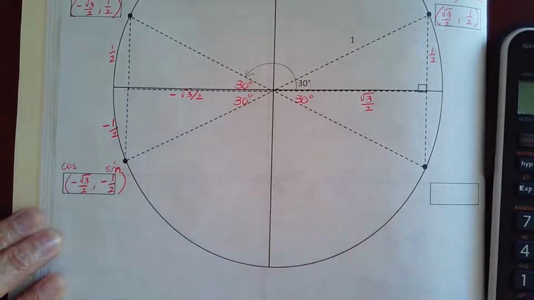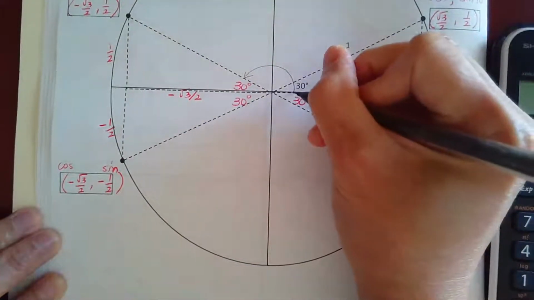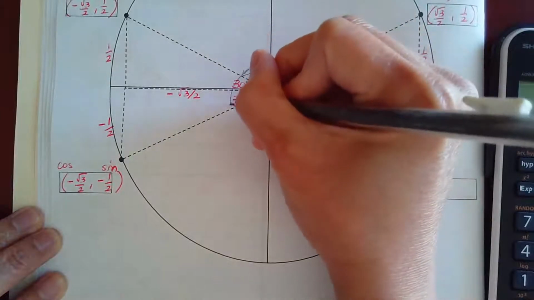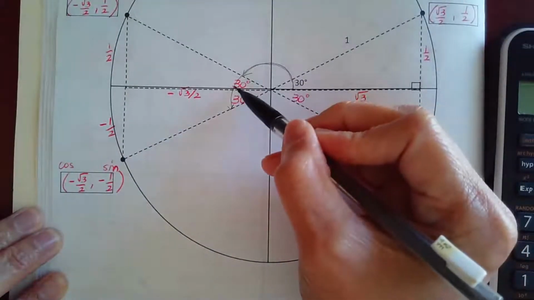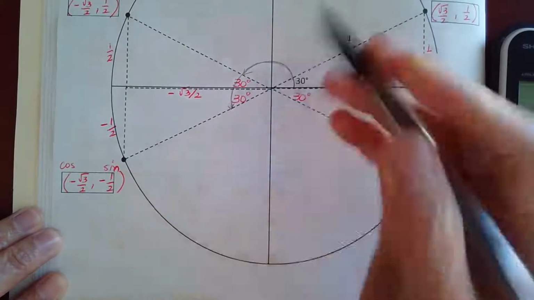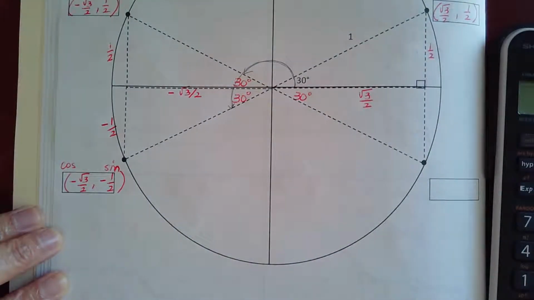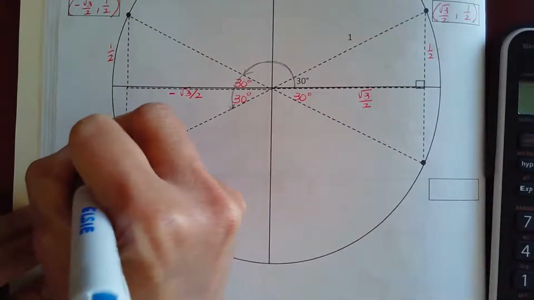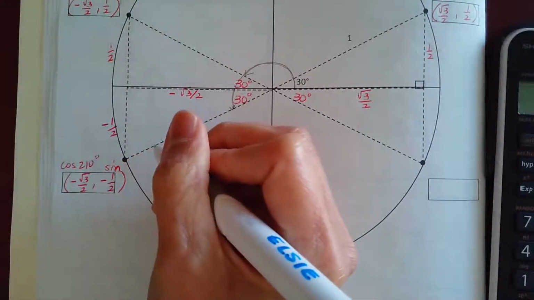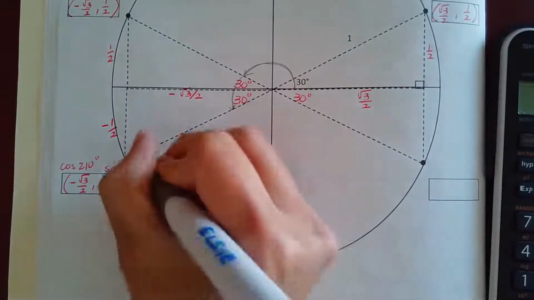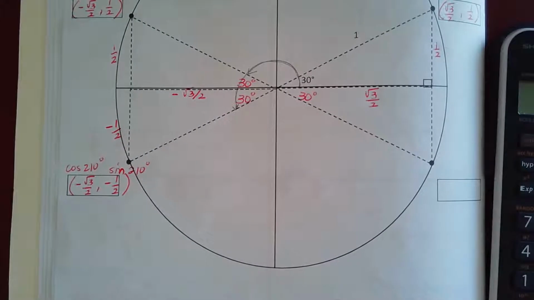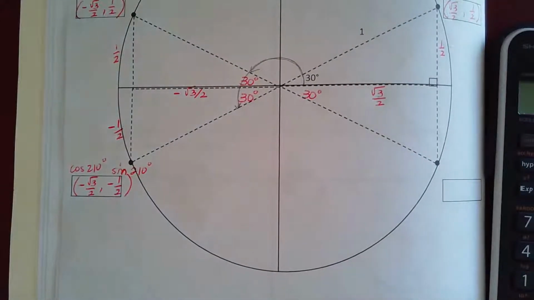Well, what is that angle? How big is this angle in standard position if I go from here all the way down there? From here to here is 180 plus 30 more. So that's going to be 210 degrees.